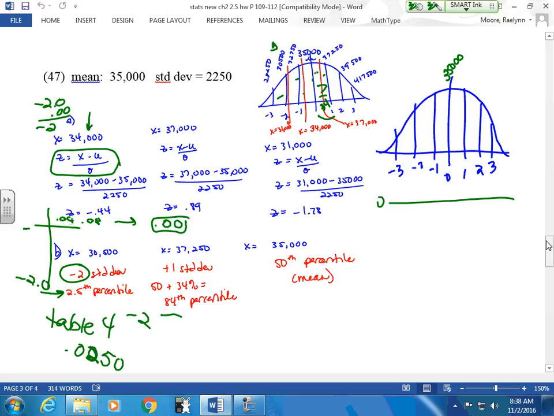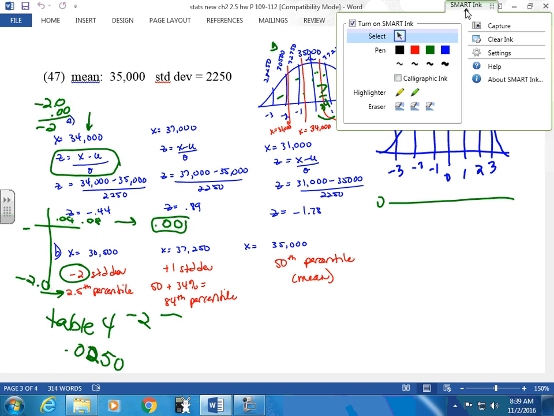My 35 is smack in the middle, right? I didn't deviate off that mean. So isn't the mean in the middle of my curve? How much percent of my curve is to the left and to the right? 50%. I'm at the 50th percentile. I am the average person, smack in the middle. Okay?